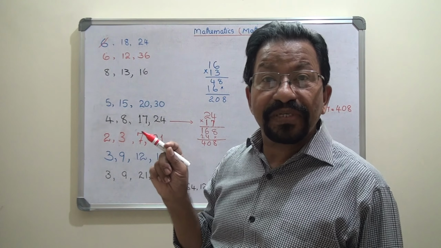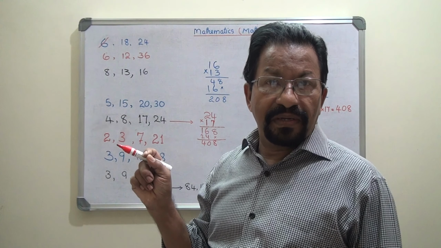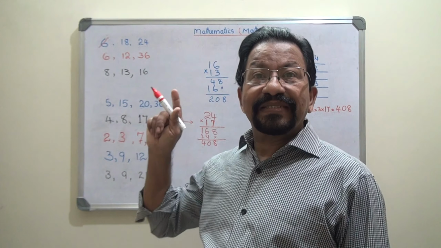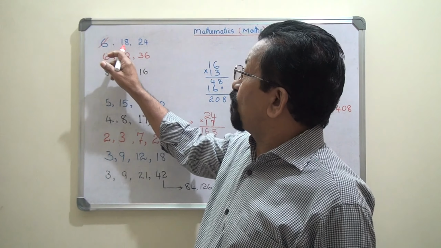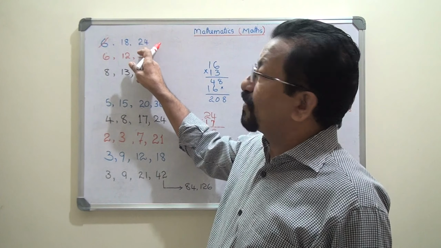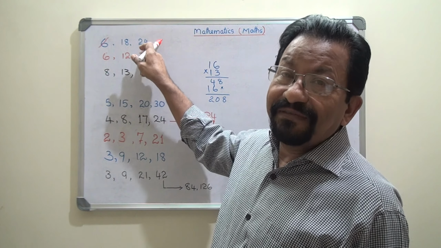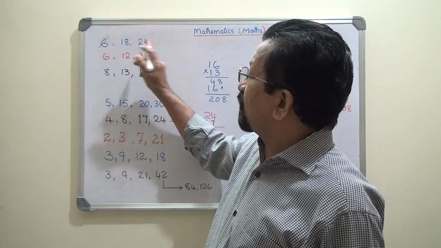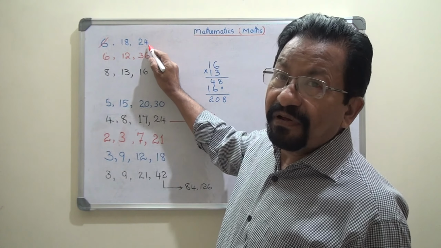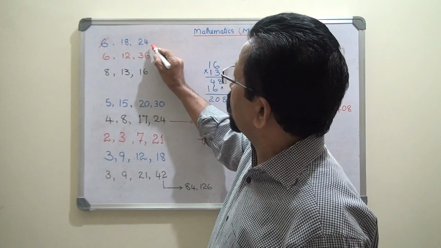Is it a composite number or a prime number? If it is a prime number, then you have to multiply that prime number into the highest number. But if it is a composite number, just take the next multiple of 24. Don't multiply 18 and 24.